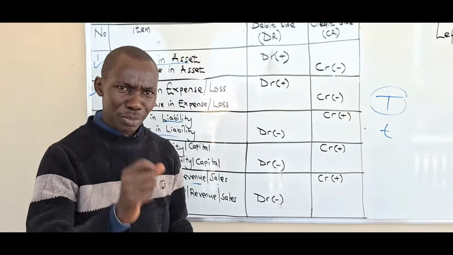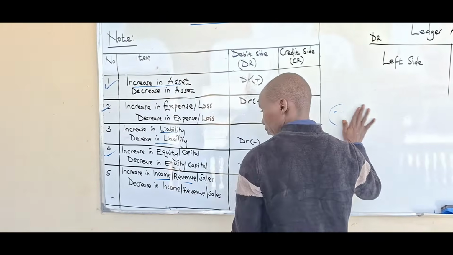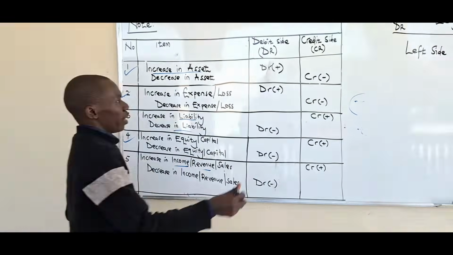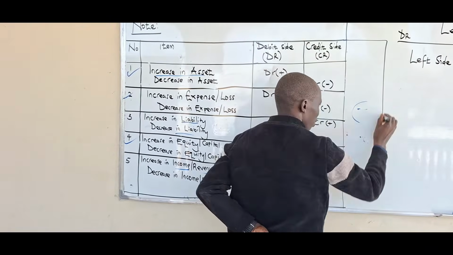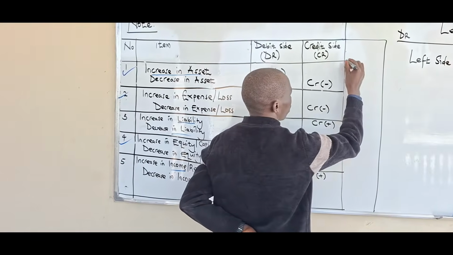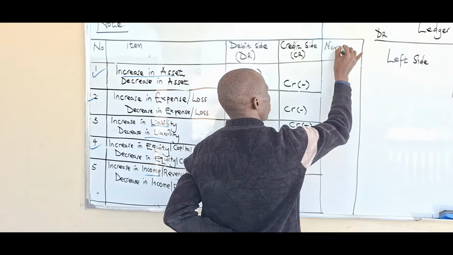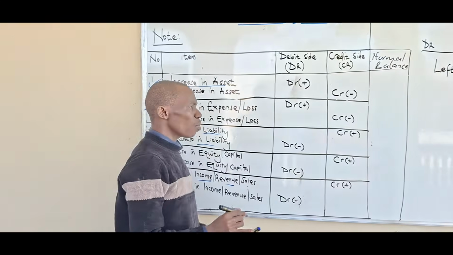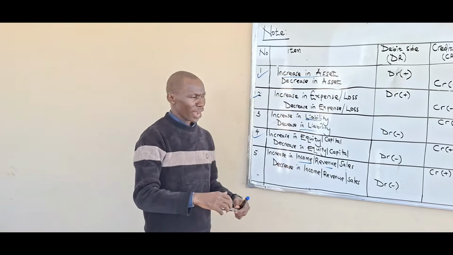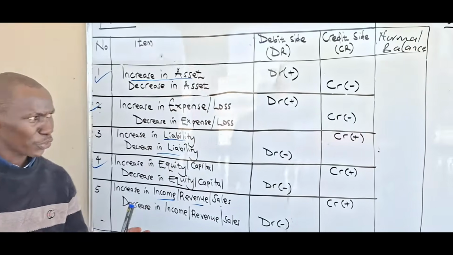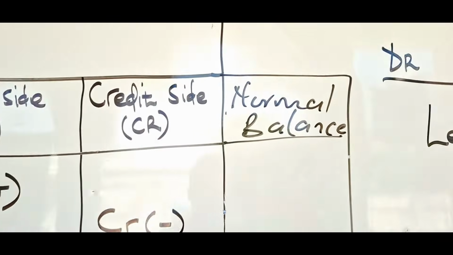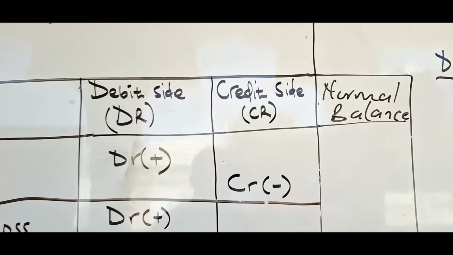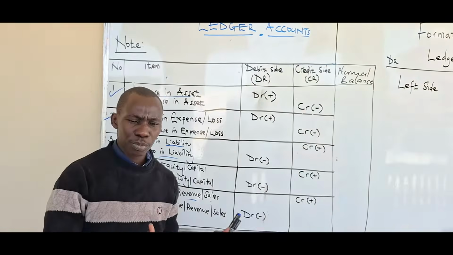There is something important I want to add here, something small on this, because it involves what is called normal balance. Normal balance for that particular item. Remember, I have told you either you put it on debit or on credit, but what should be the normal balance for you to post your ledger account?